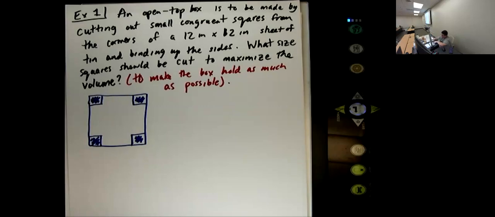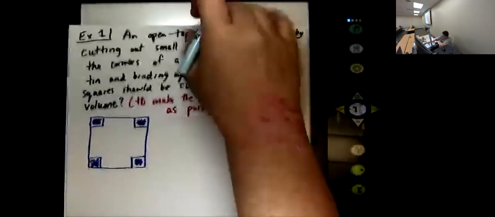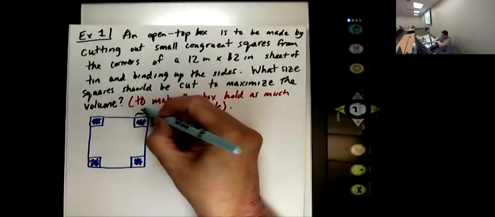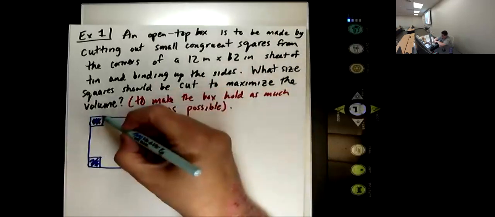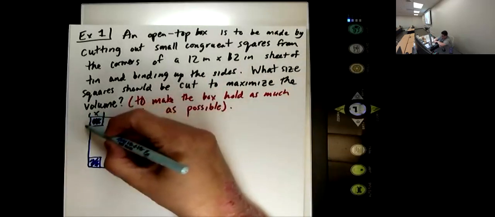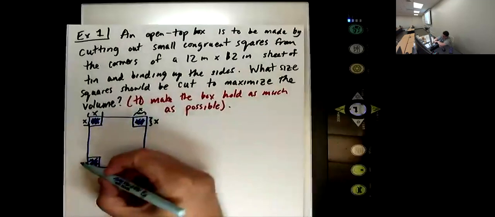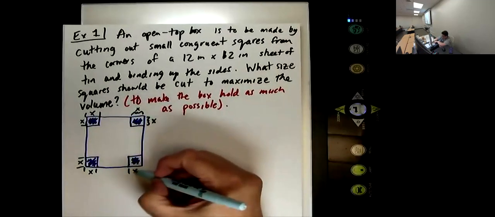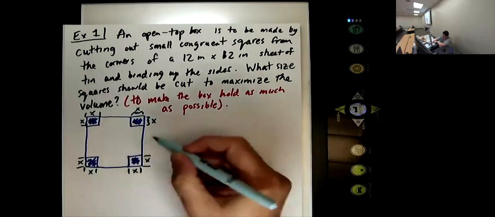And they said small congruent squares. So if this little piece right here is x, that's x, that's x, that's x.